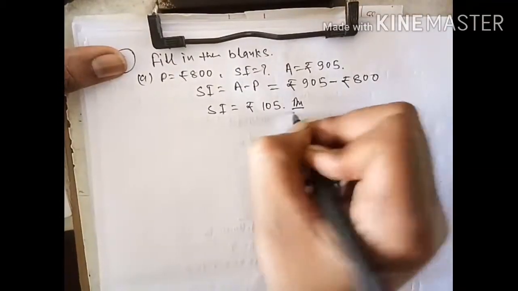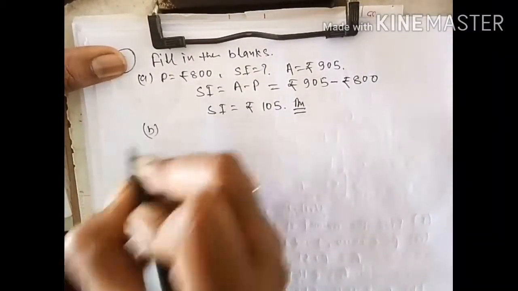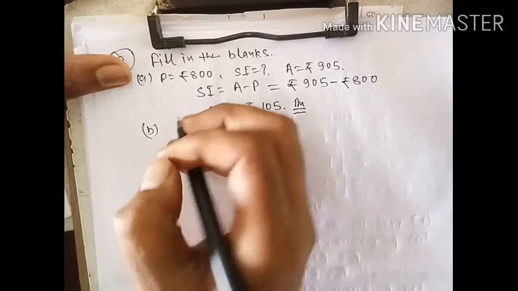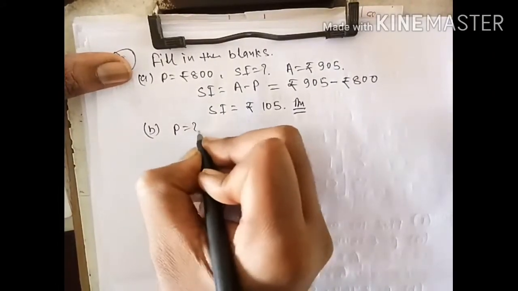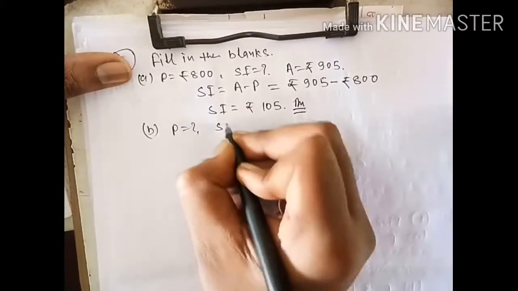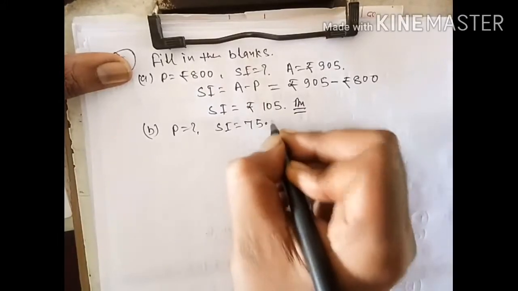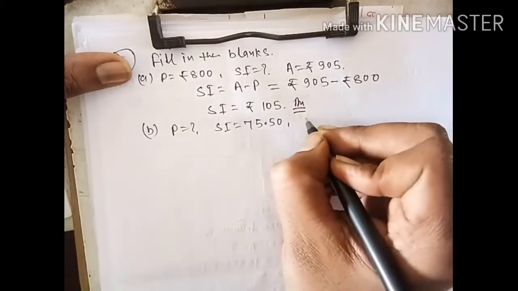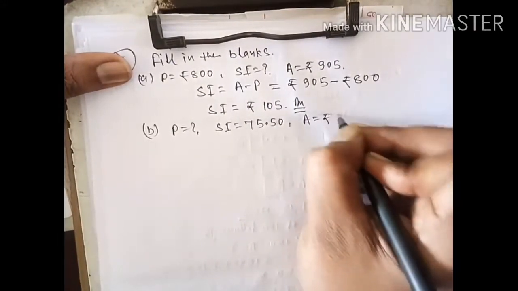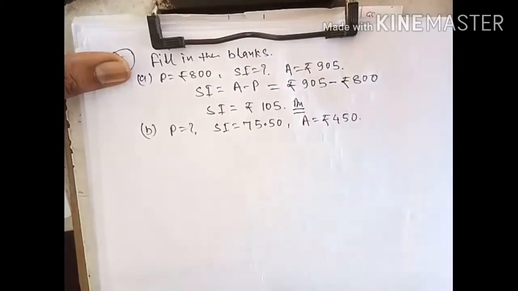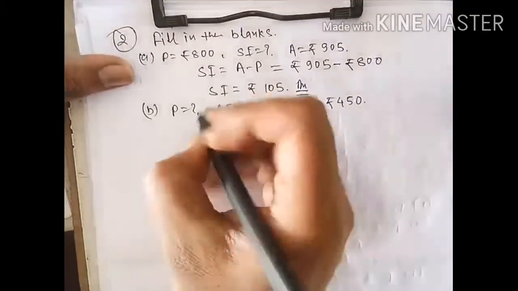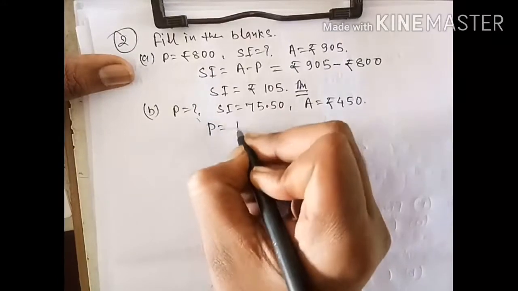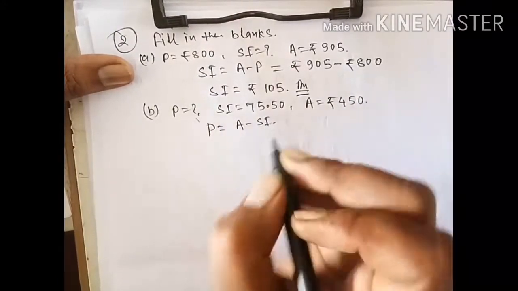This is the answer. Now in question B, principal is not given, SI is rupees 75.50 and amount is rupees 450. You have to find principal. You know that principal is equal to amount minus simple interest.